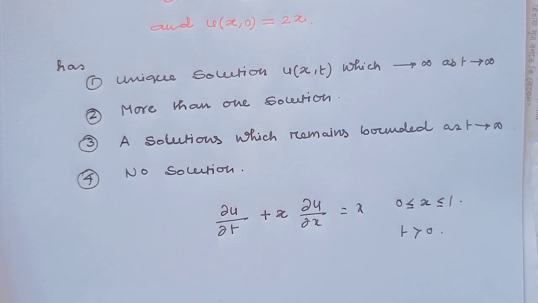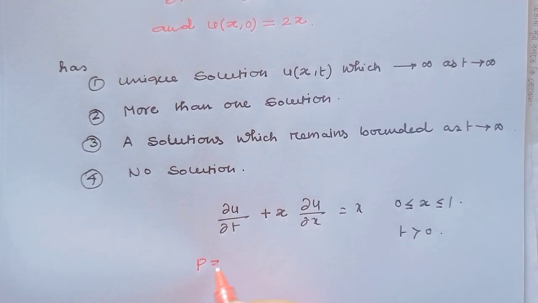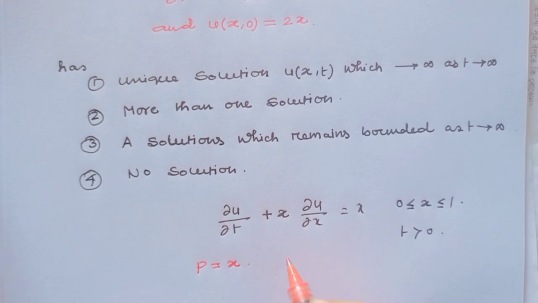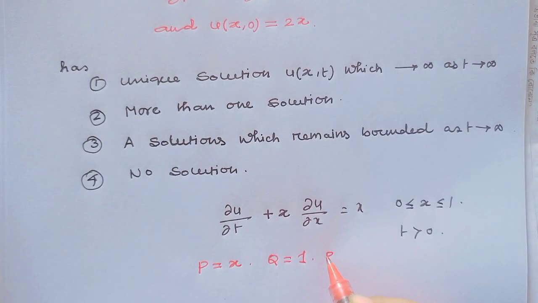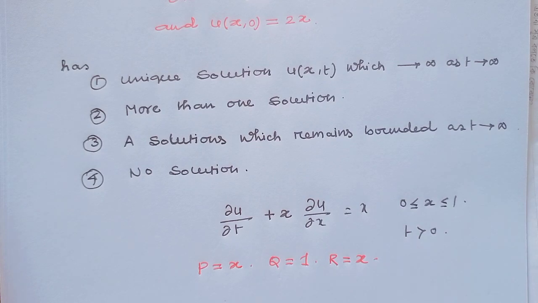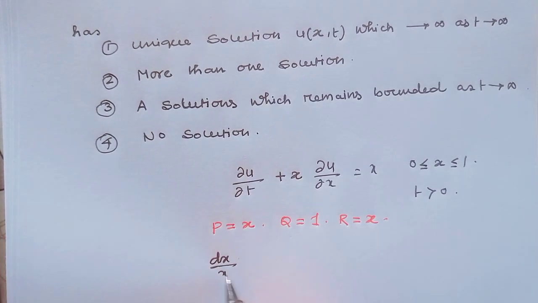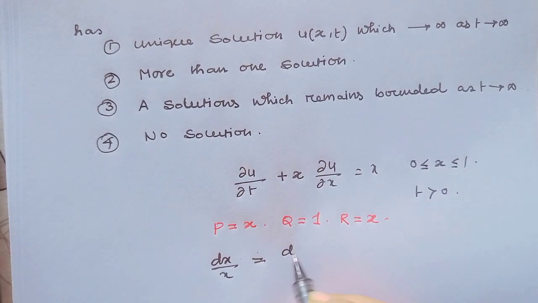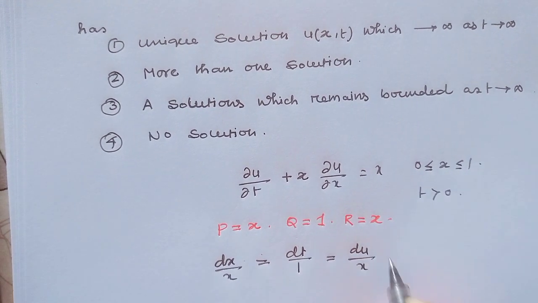Given p equal to x, q equal to 1 and r equal to x. Then the characteristic equations are dx over x, dt over 1 and du over x.